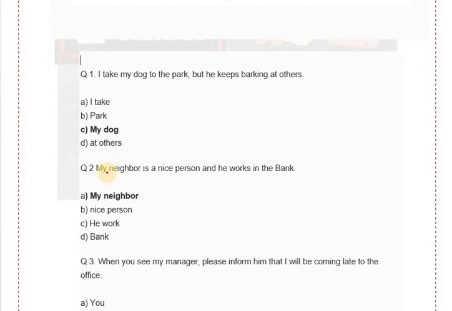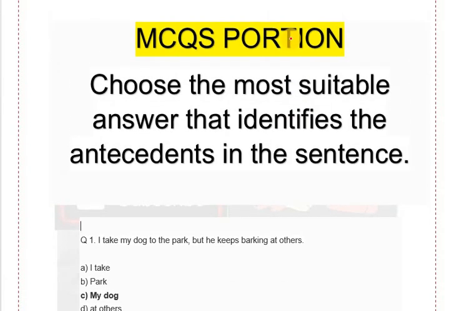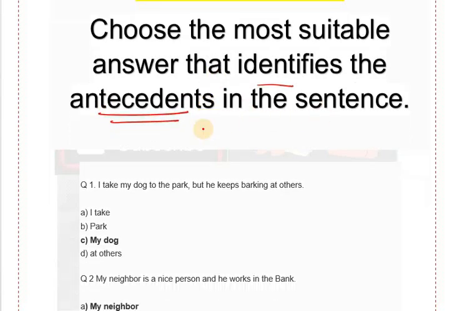Let's do this first. I take my dog to the park, but he keeps barking at the other. In this sentence, we can choose the most suitable option to identify the antecedent. So we have to identify the antecedent in the following.